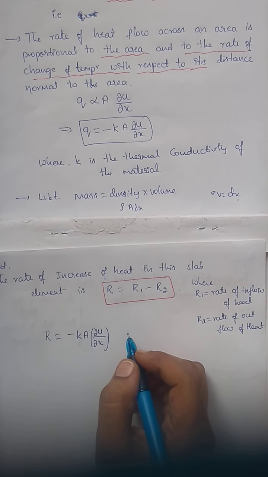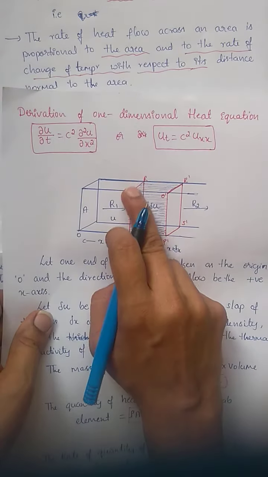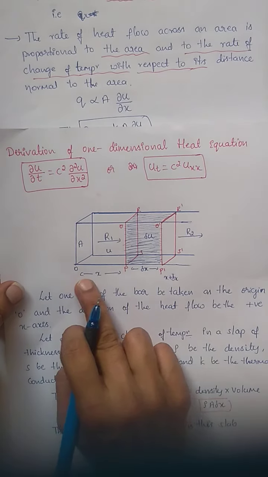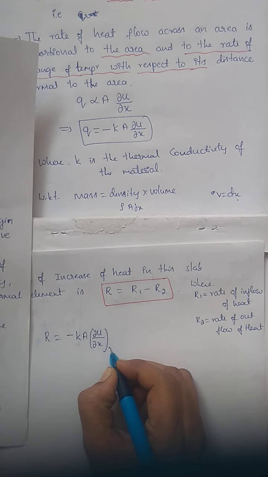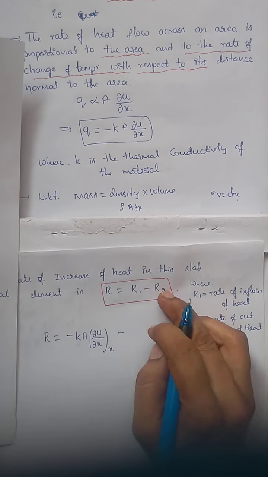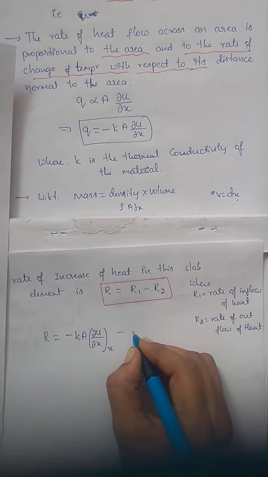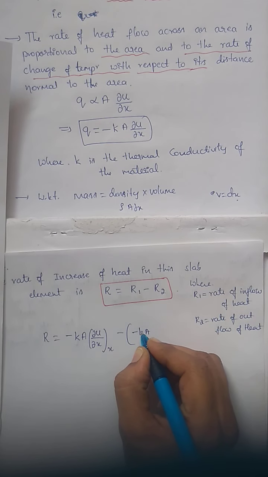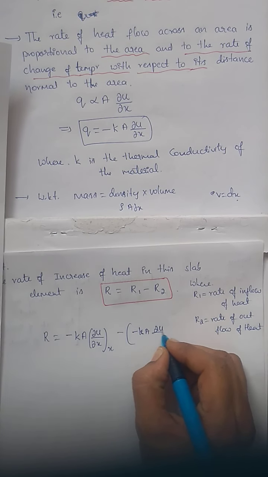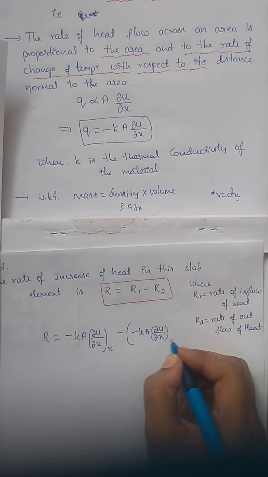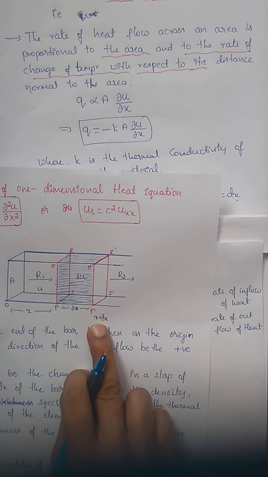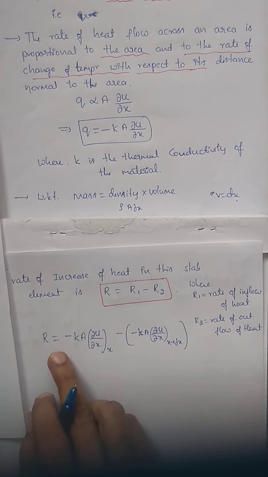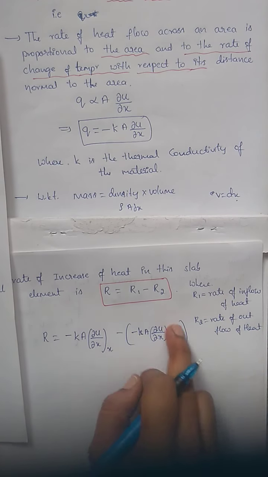For R1, the first plane, the distance is X. Minus R2: R2 is minus K A dou U by dou X, where for the outflow the distance is X plus delta X.